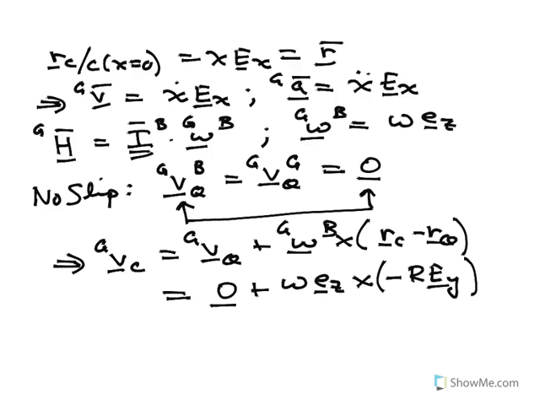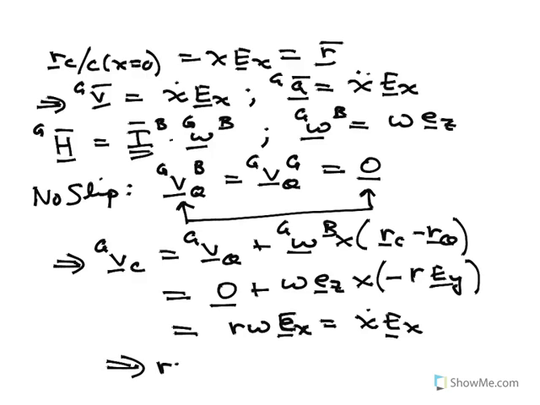Actually, I called it little r in this case, so let's be consistent. So this is equal to r omega ex, but that is equal to x dot ex, which says that r omega is equal to x dot, which says that omega is equal to x dot over r.